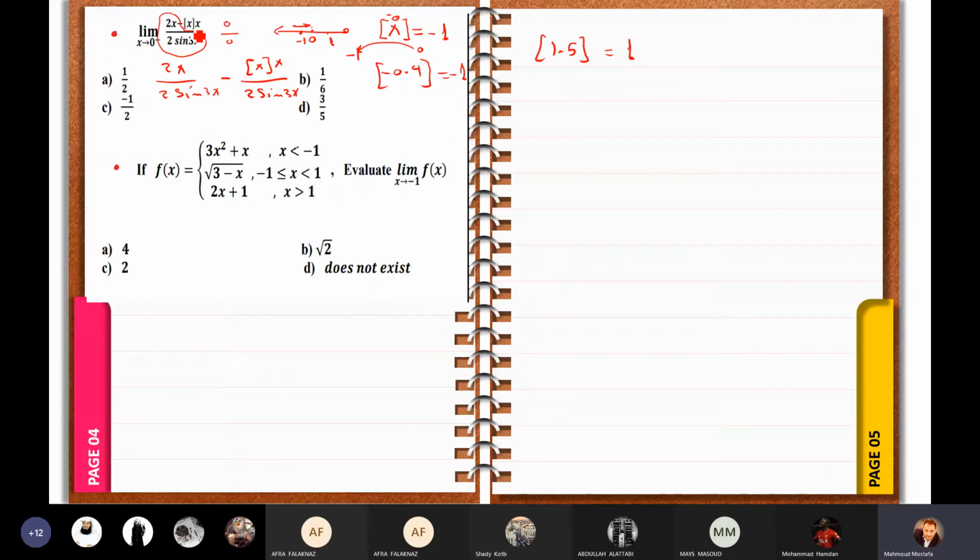You can separate the minus. Here we can delete 2 by 2. This one, the limit when x approaches 0, is what? 1 over 3. 1 over 3, good.